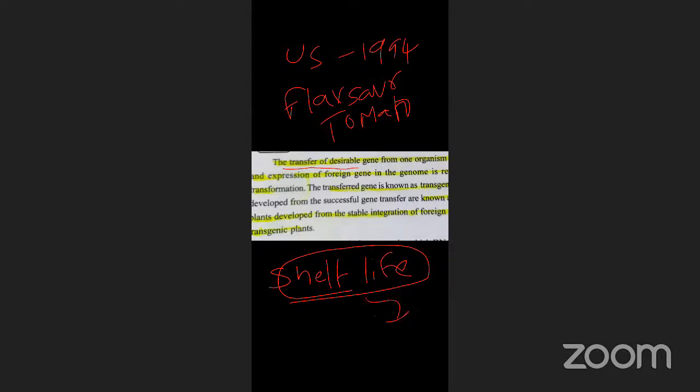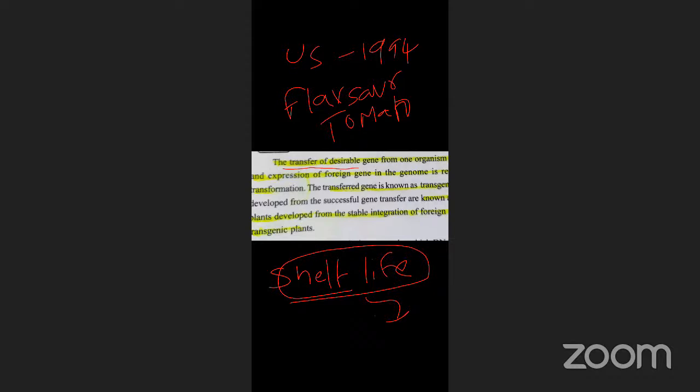What is shelf life? In general, we must have seen so many tomatoes in our daily life. How many days do they stay fresh and do not get rotten?